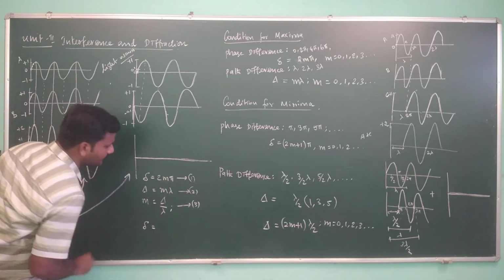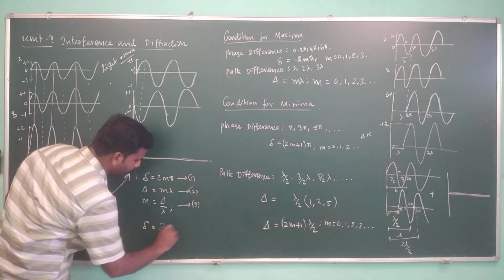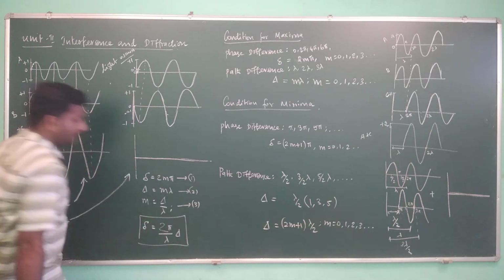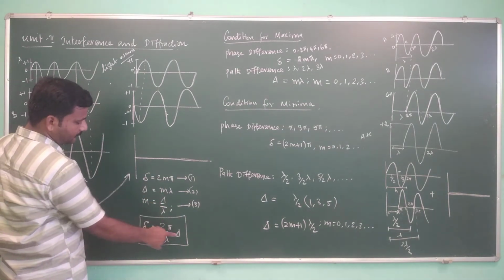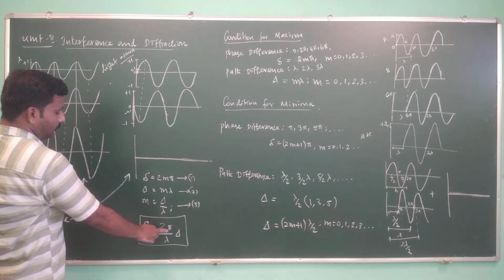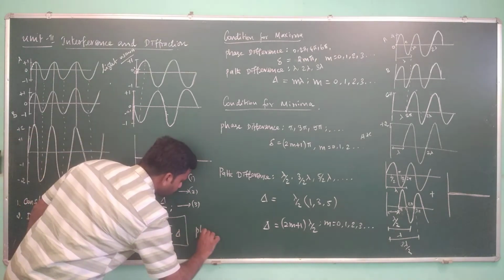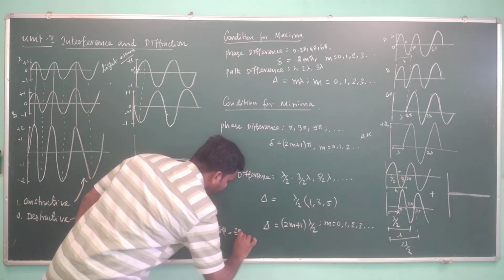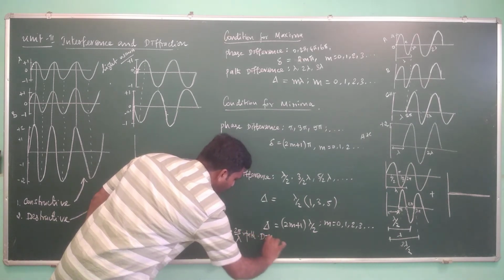So you will get delta, which is equal to 2 pi by lambda into delta. What we had in the place of m, we have replaced with delta by lambda. Remaining is 2 pi, right? So phase difference delta is equal to 2 pi by lambda into path difference. Phase difference is equal to 2 pi by lambda into path difference.